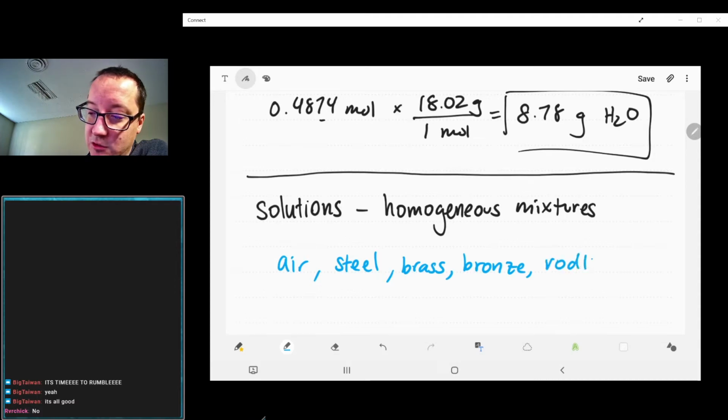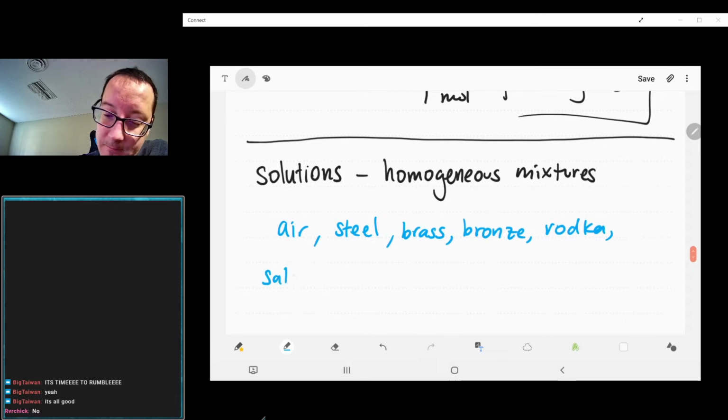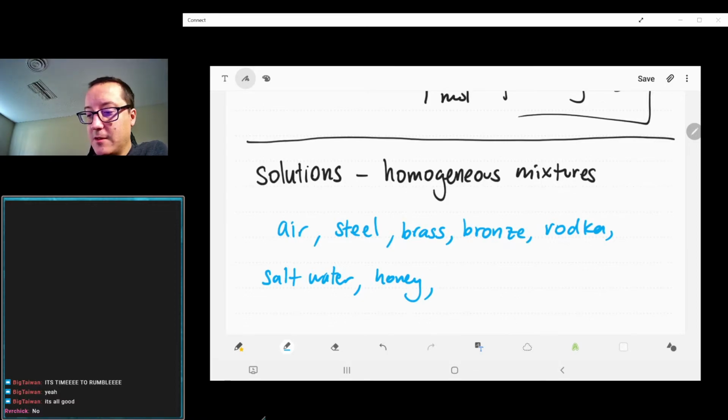Vodka is a solution. Salt water. Honey. Let's see, what other ones? What are good solution examples? Now that's a colloid. I mean, we have so many.